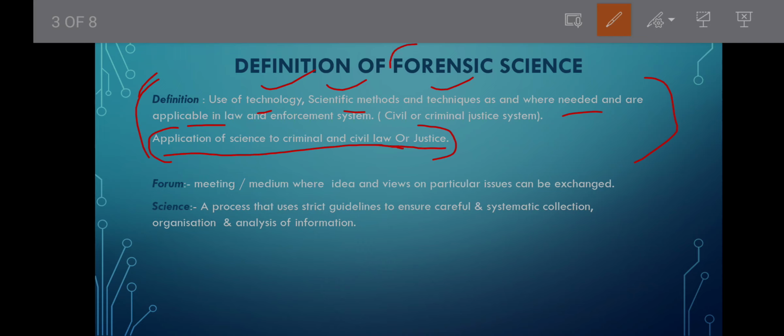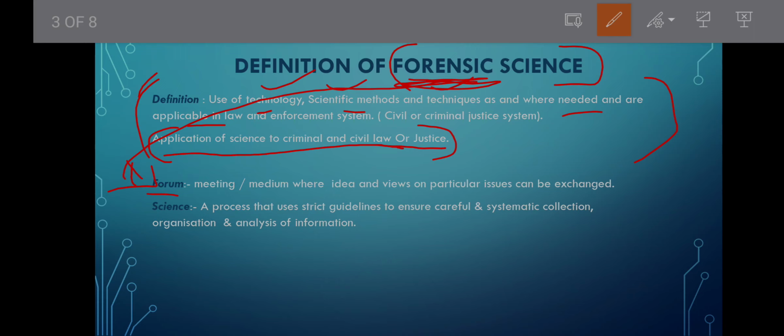Then this word forensic science, you might have been curious where it has been derived from. The first word, forensic, is derived from the Latin word forum. In Rome, it was actually a place where ancient Romans used to conduct their proceedings, like we have panchayats and, now we can say, courts.